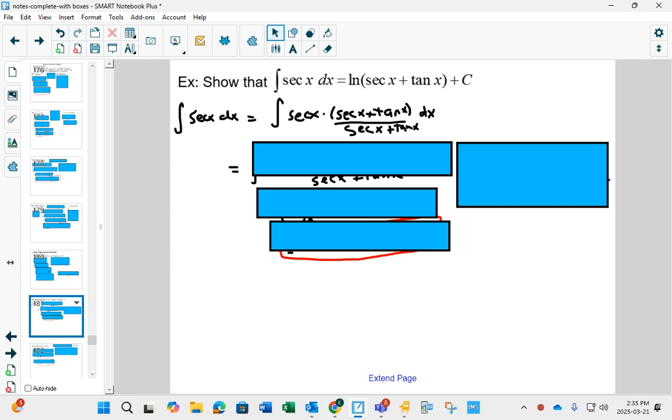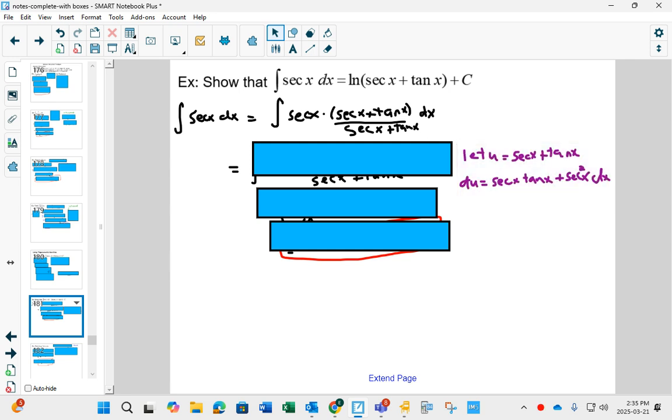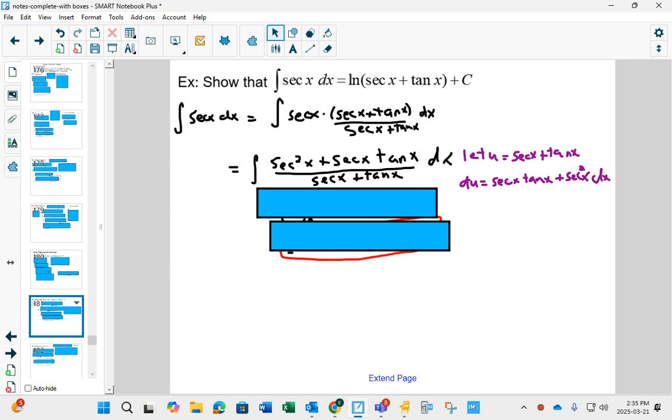All right, this really looks like it is not helpful. Agreed? It just looks like we're making it more complicated. However, if we let the u equal secant x plus tan x, and you do the derivative of secant x and the derivative of tan x, you will get secant x tan x plus secant squared x, and if you multiply the top out, that's what it is exactly.